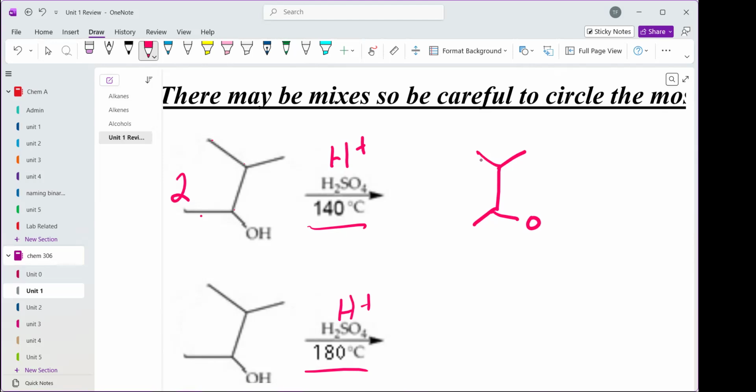That's one of them. And then the other one, we're going to flip 180. Okay, so this is going to be a butanol with a methyl group at carbon number 3.